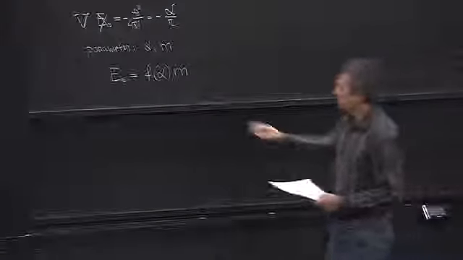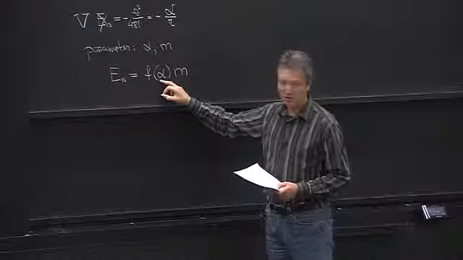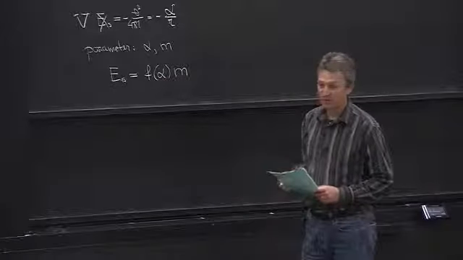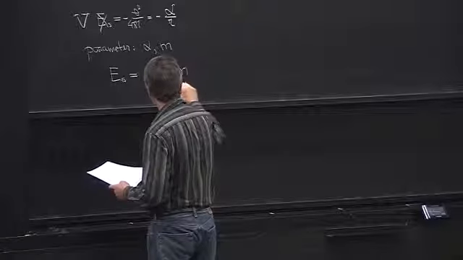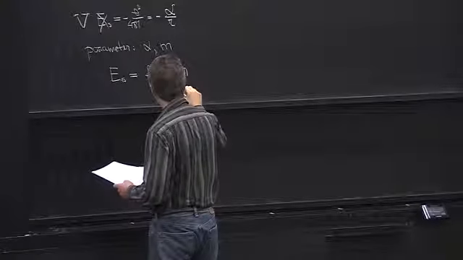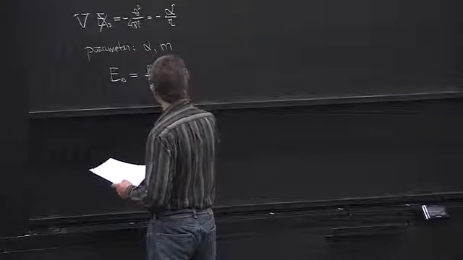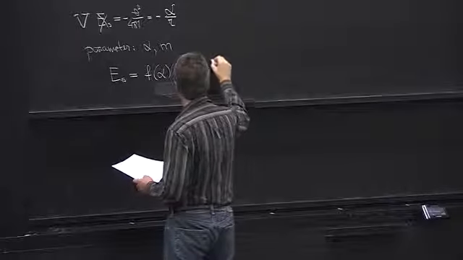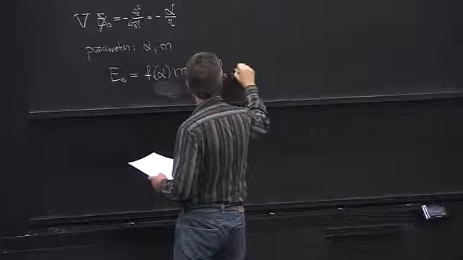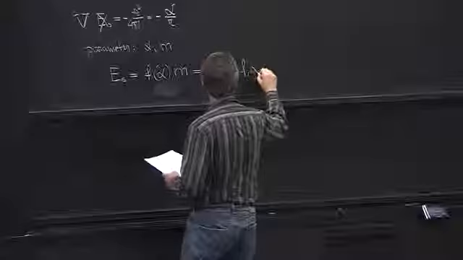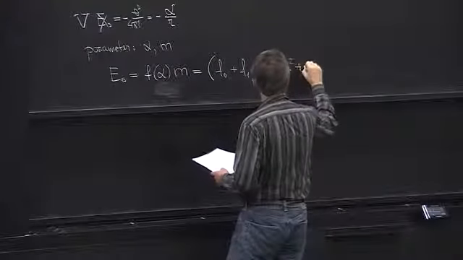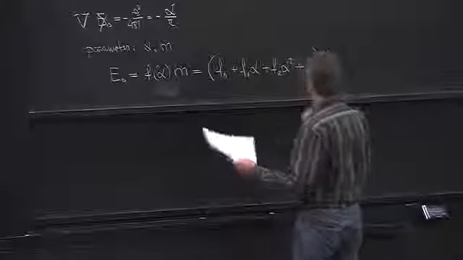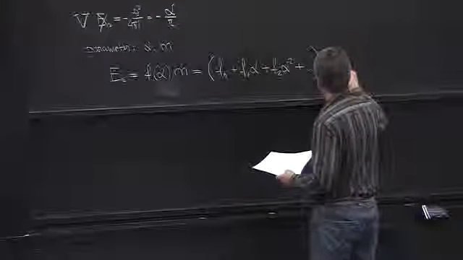And now we know that alpha is really small. It's a tiny number, 1/137. So to a good approximation, we can Taylor expand this function. We can write it as f0 plus f1 alpha plus f2 alpha squared, and whatever comes further.